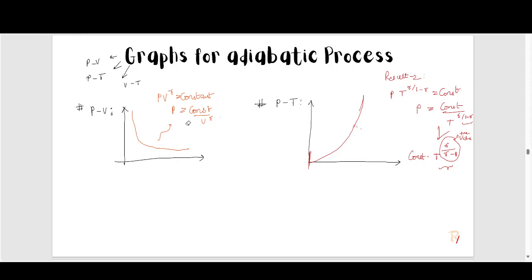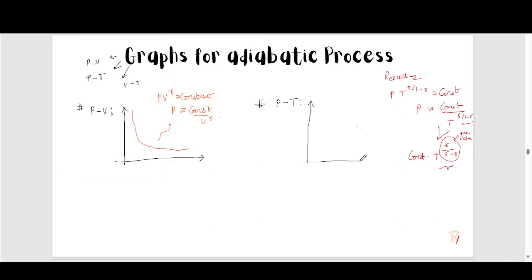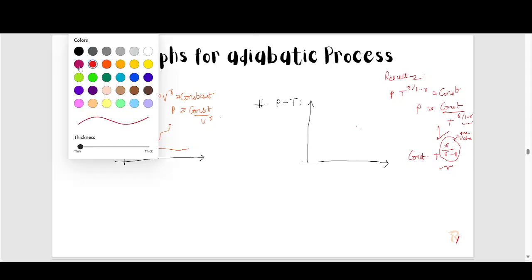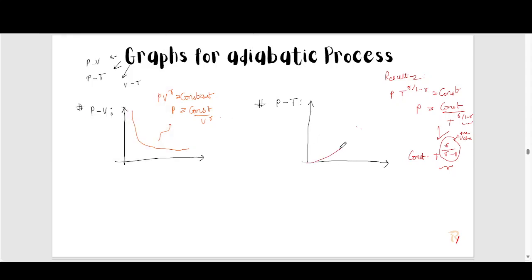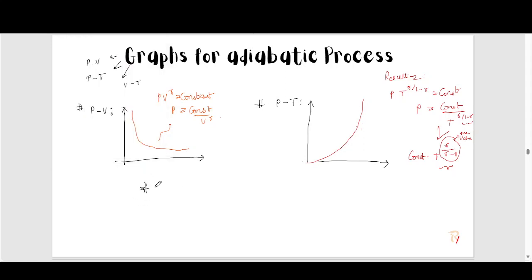Okay, let me draw neatly. Let me take this color. For the VT graph the result will be like this.